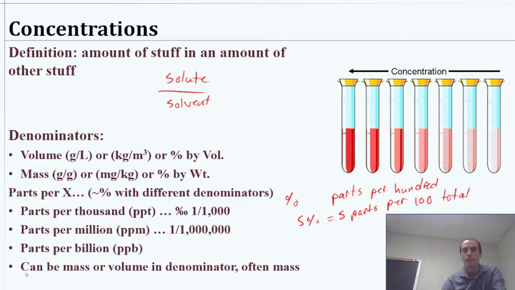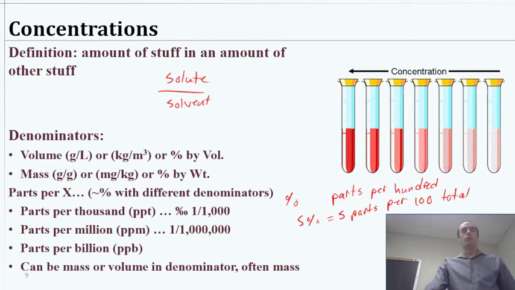So when we take parts per thousand or parts per million, we just have a different number there. That's the per what, per million, per billion, per whatever. So be familiar with that, in terms of sometimes we'll say PPT, which could be parts per thousand or parts per trillion.